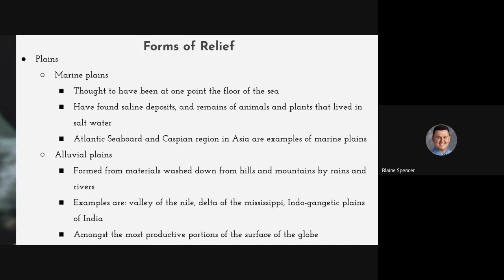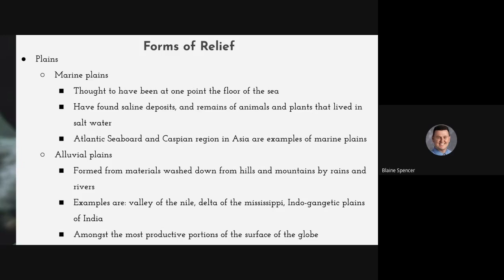Why would they be the most productive surface? Can anyone tell me? Anna? That's right. There is water. What do you need to grow crops? You need water. You need good soil. The best place to grow crops is where you have a reliable water source.